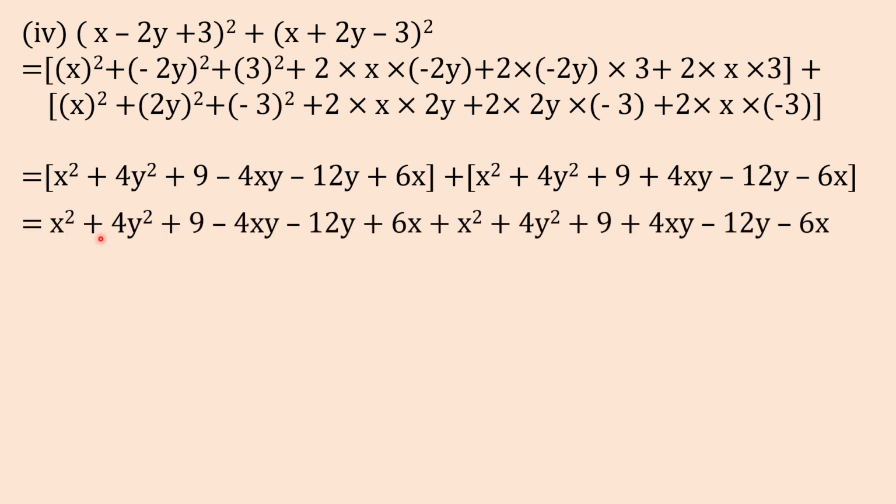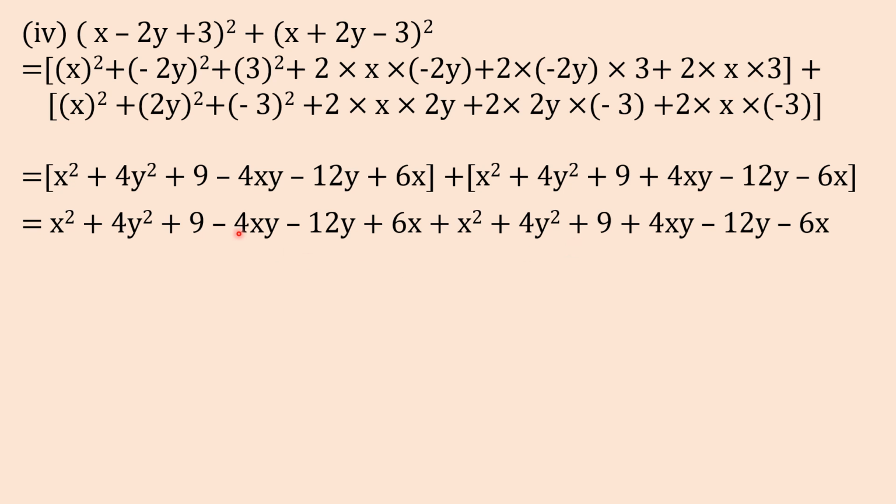So we'll get x square plus 4y square plus 9 minus 4xy minus 12y plus 6x plus x square plus 4y square plus 9 plus 4xy minus 12y minus 6x. So can you see here, student, x square and x square both are with the same sign, so it will not get cancelled. 4y square plus 4y square will not get cancelled.